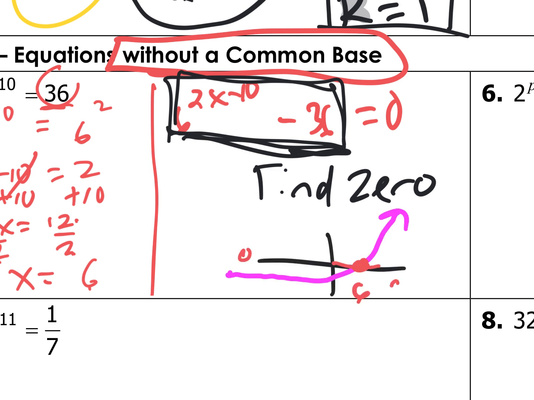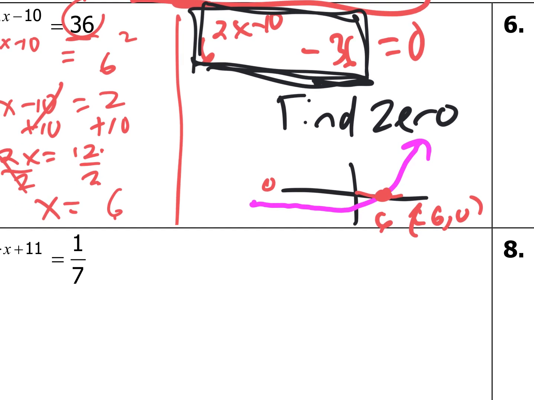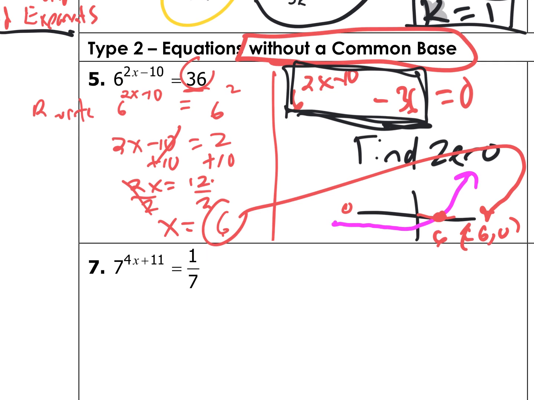So the ordered pair is 6, 0, which means 6 was my answer. Now, I'm not going to show that anymore because today's lesson is not about the calculator. It's about the algebra. But it's nice to know.